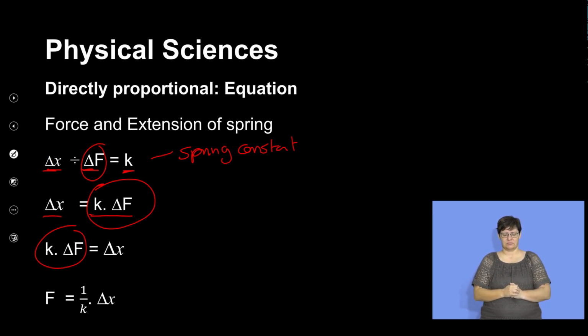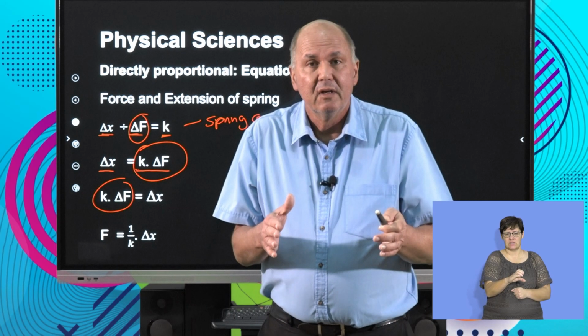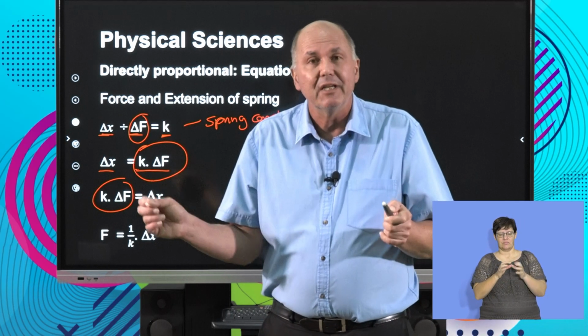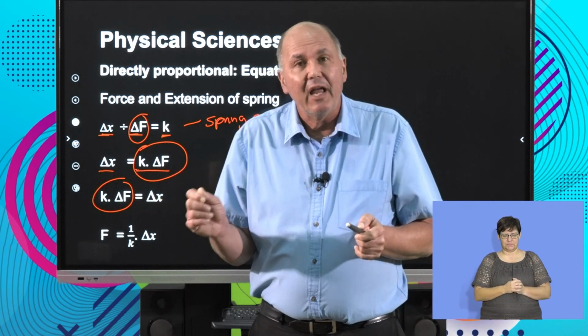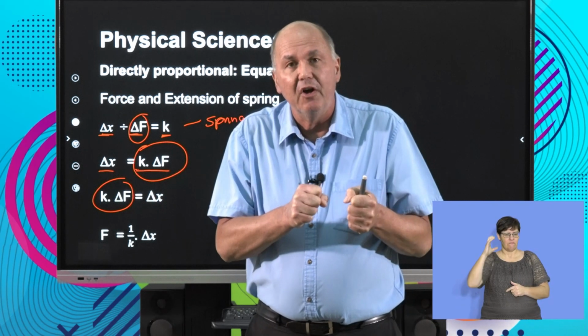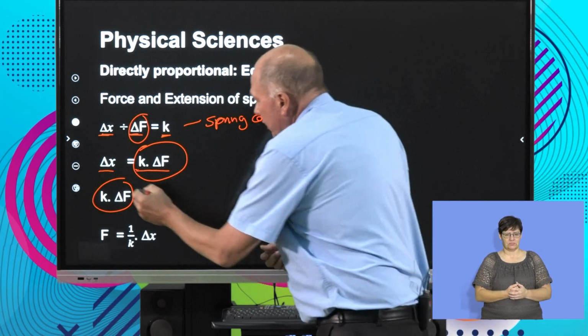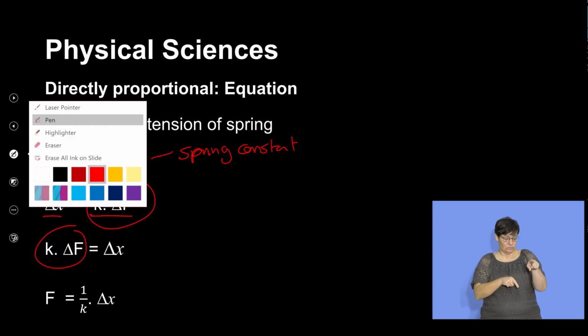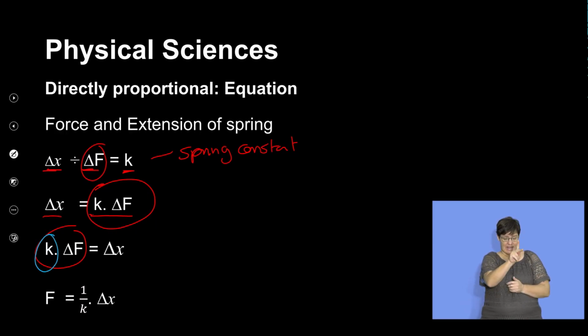But guys, I really want to be able to solve for what force is going to cause a certain extension. So if I want to know force on its own, I'm going to have to take the k that I originally had and divide both sides by it, and I'll get a 1 over k there.